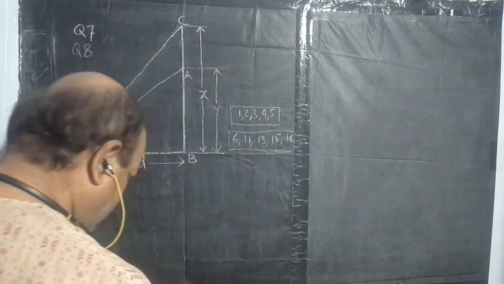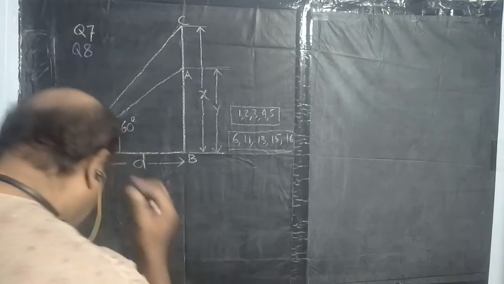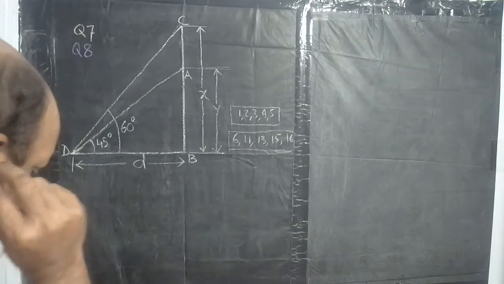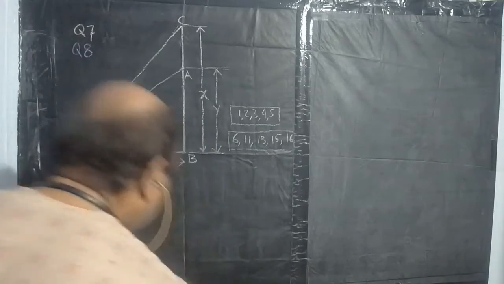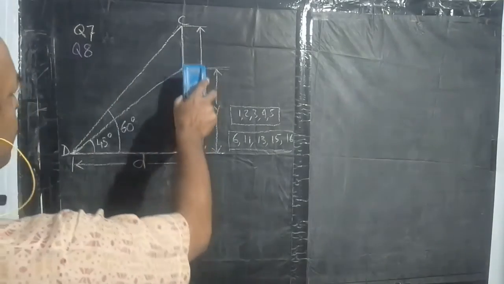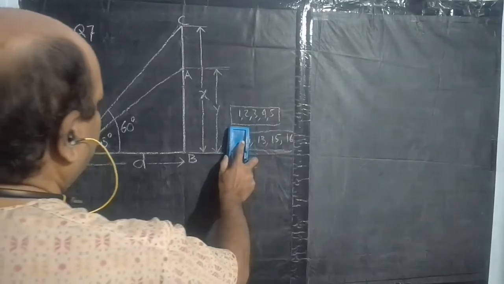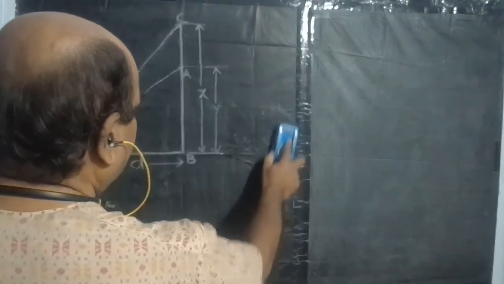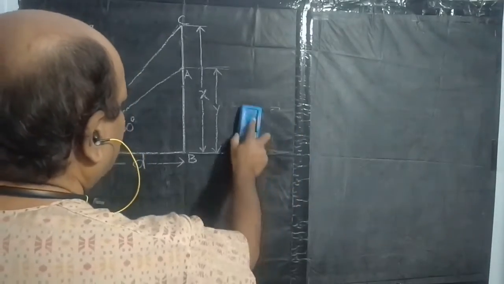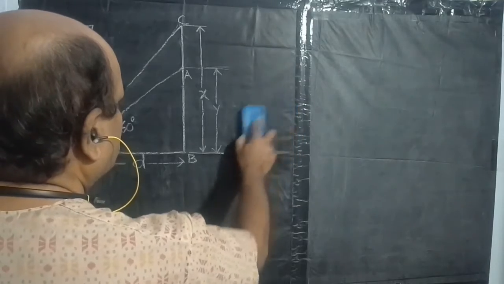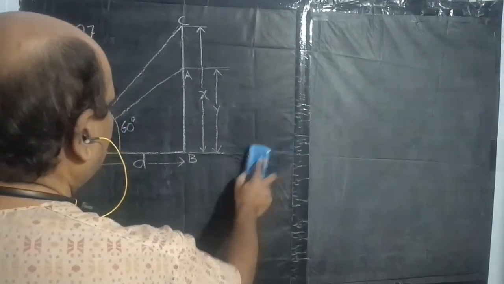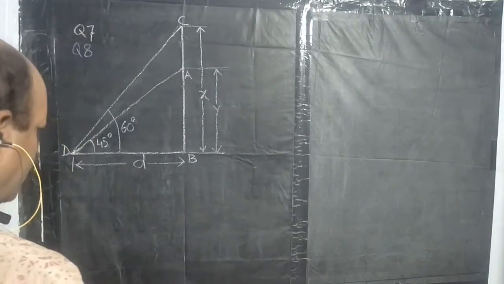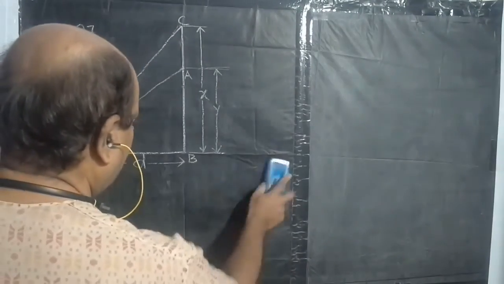Third type diagram means two triangles vertically, one after another. So let us discuss. For other questions, please go and see my part 1, part 2 and part 3. You will get the connection of this video.